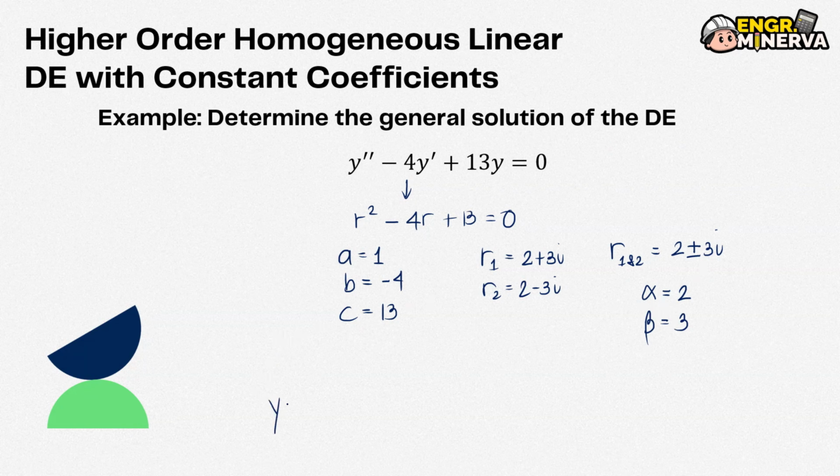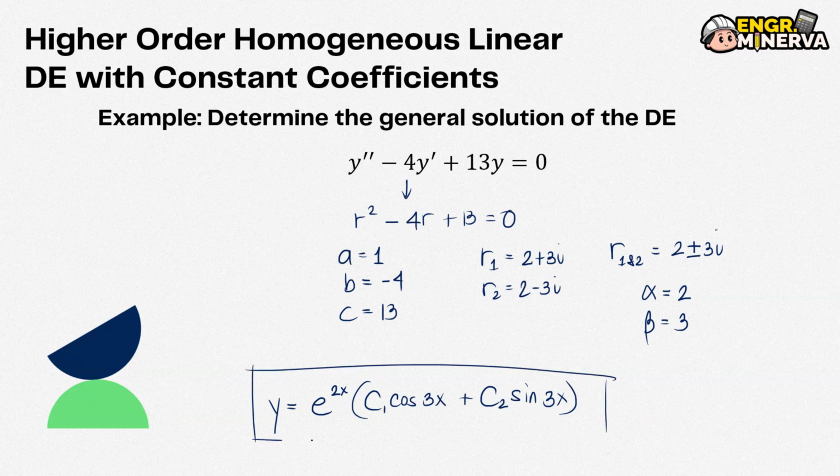So our answer is y equals e raised to alpha x, c1 cosine beta x plus c2 sine beta x. That is our answer. That is how you solve your higher order DE.